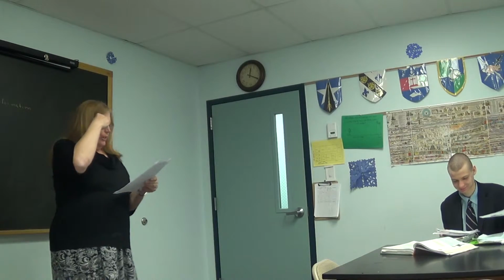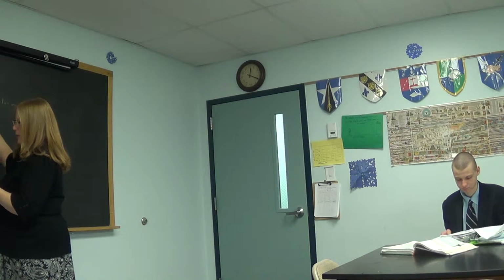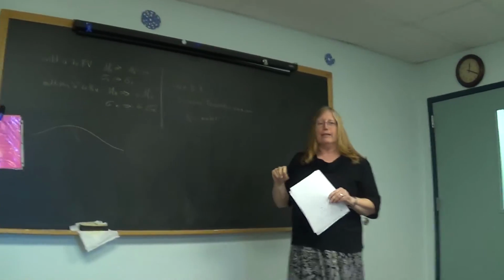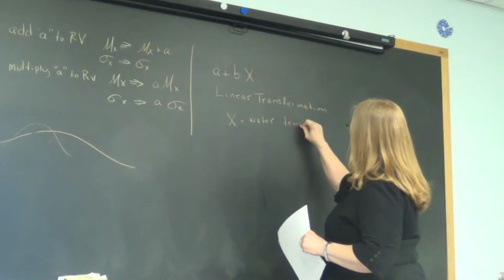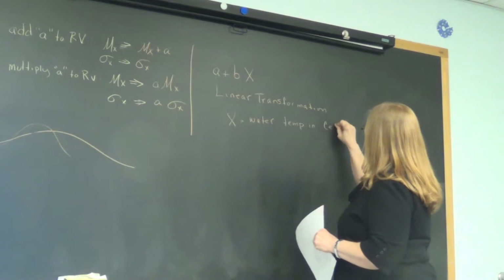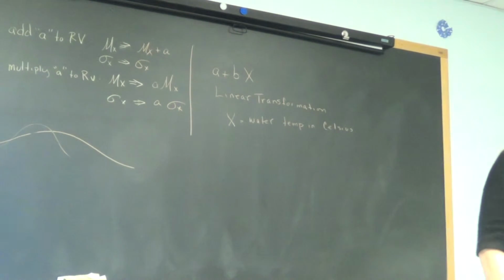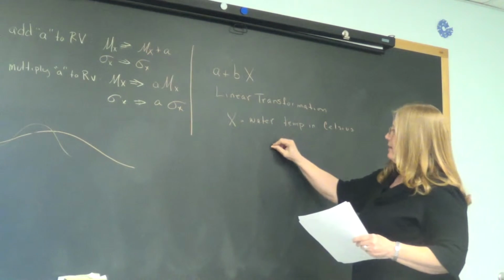So, it turns out that we have this tub setting, and X is our random variable, and it's going to represent the water temperature in Celsius. So take a note around that picture there. Water temperature in Celsius. That's what our random variable is. They already calculated the mean for us.